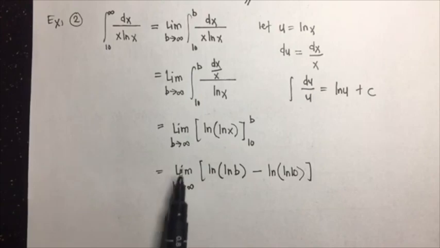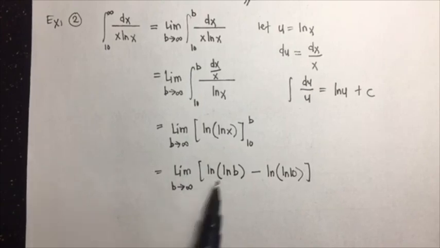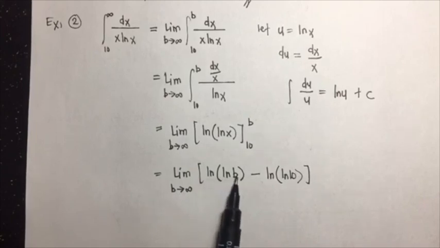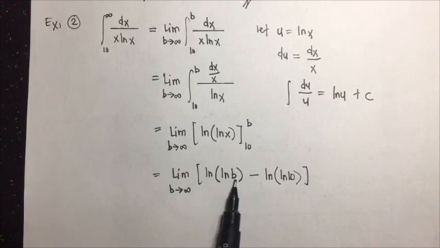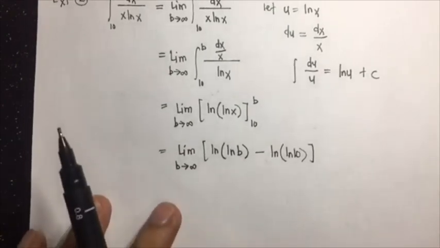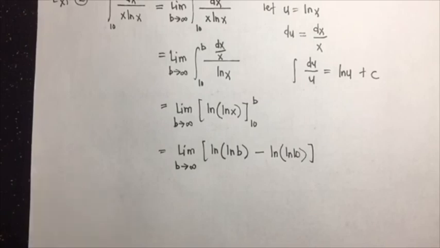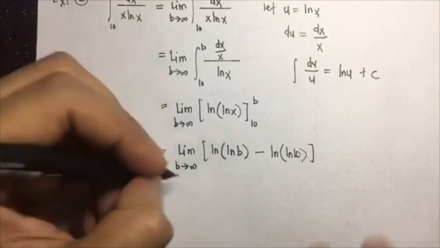Substituting the limit, b approaches infinity, so what is the value of ln of b as b gets bigger and bigger? The first term will still approach infinity.